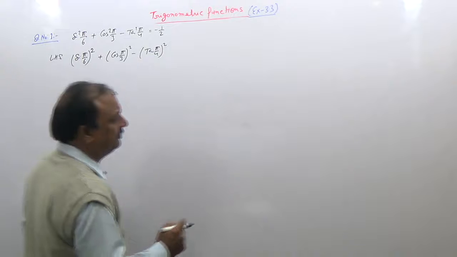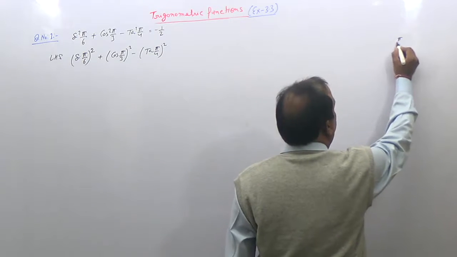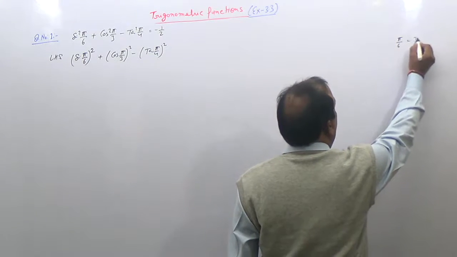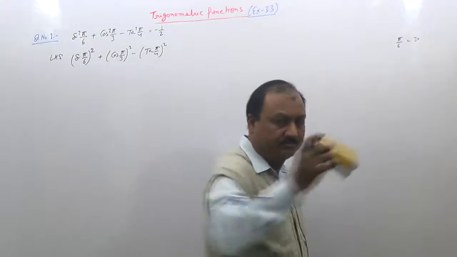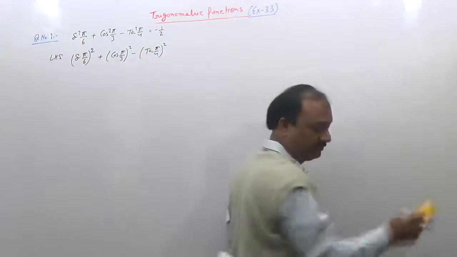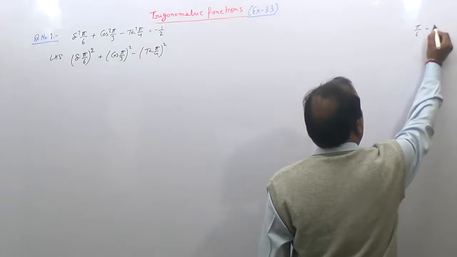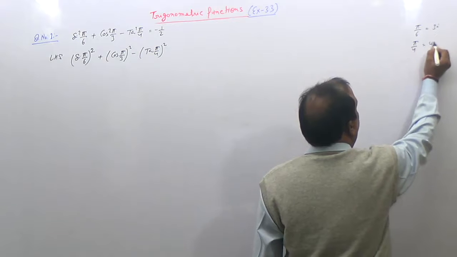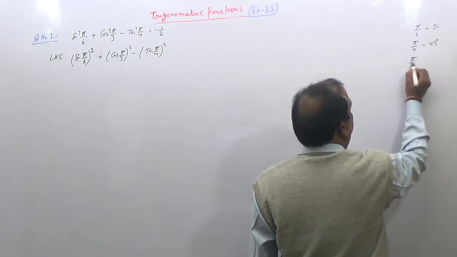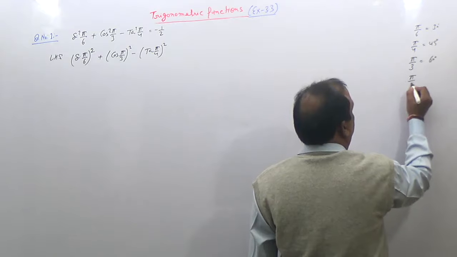You know that pi by 6 is equal to 30 degree. Pi by 4 is equal to 45 degree. Pi by 3 is 60 degree.